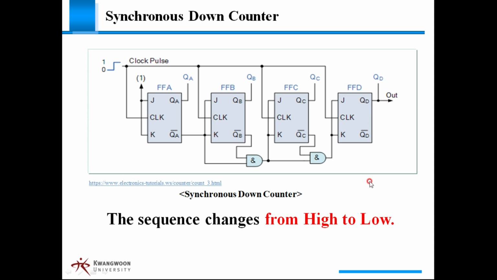So the total result is 1110. The total result changes from 1111 to 1110. So we can see that the sequence changes from high to low.